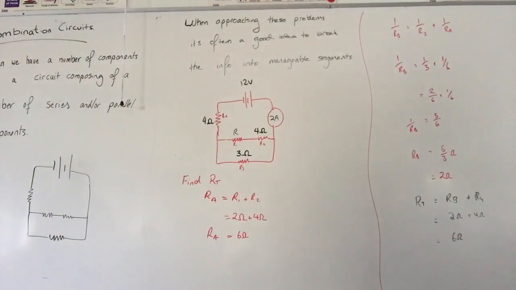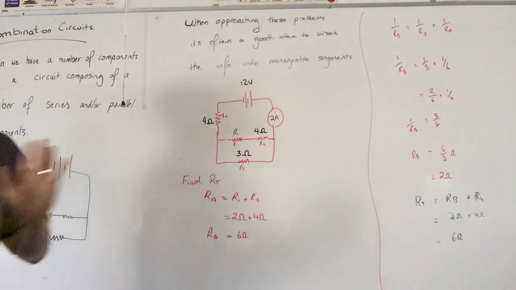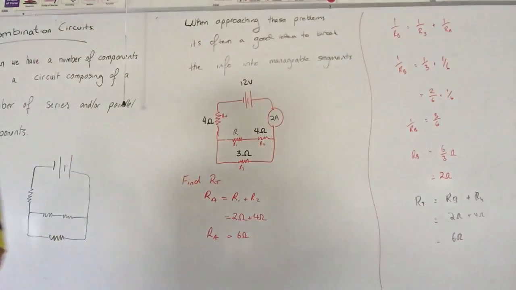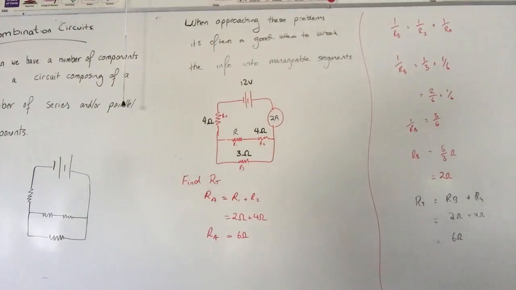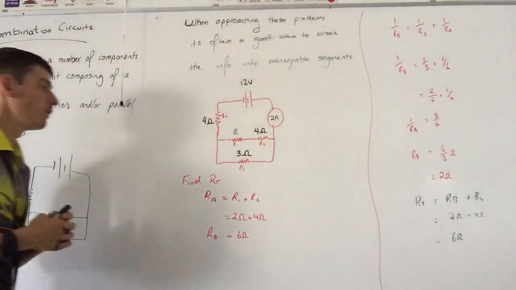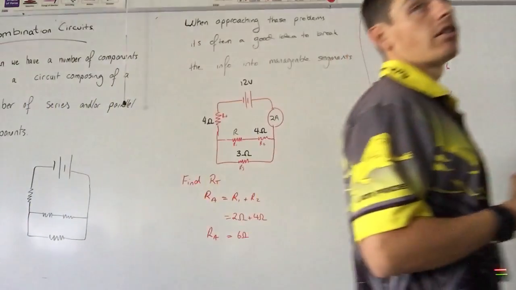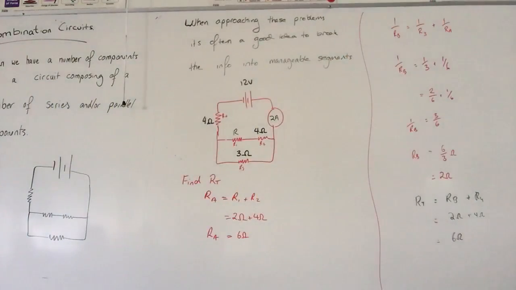Okay? So as we get through, you'll learn how to approach these problems very well with different strategies depending on what you're looking for. What's the trick, Noah? What's the trick to solving these problems? Break it up into manageable parts. Break it up into segments.